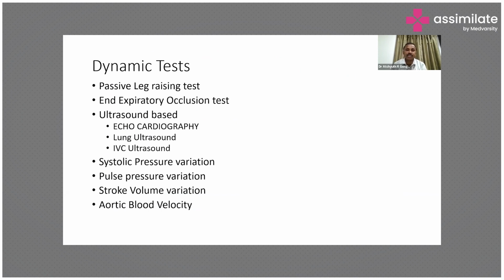These are dynamic tests, though not very easy to do. These are very informative, very sensitive, and they're useful if we can do them at the bedside. The passive leg raising test you can easily do, and you have to know what you have to look for. So we'll go into detail about some of these tests now.